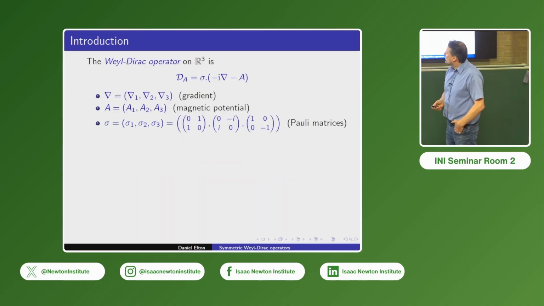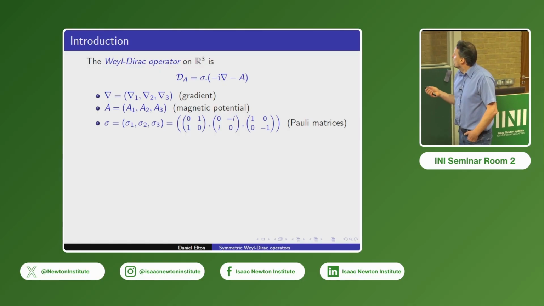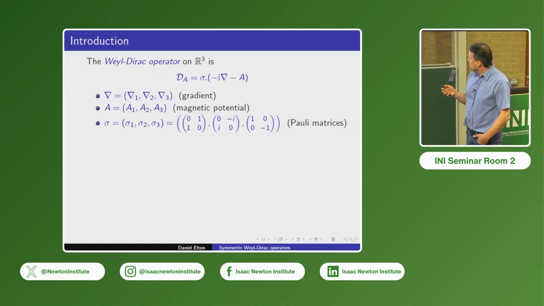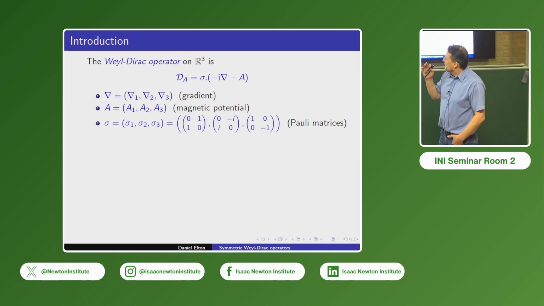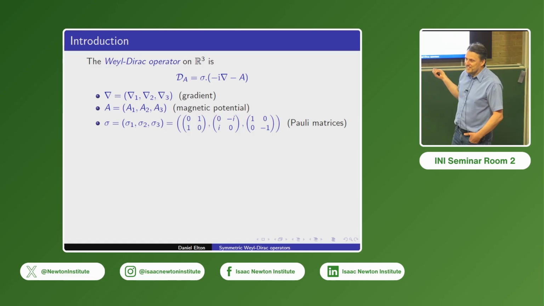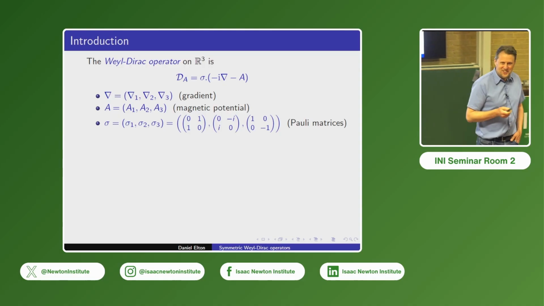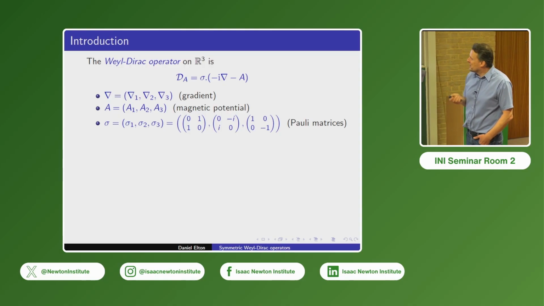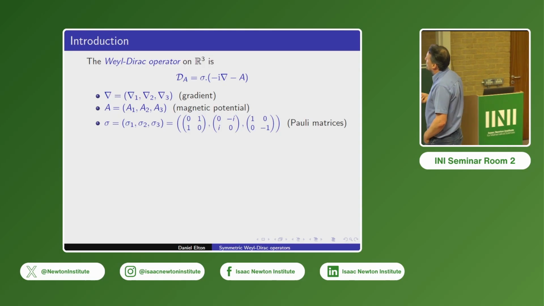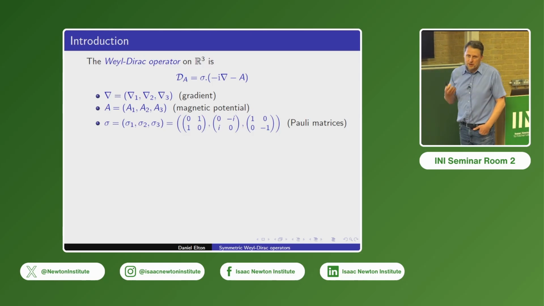Okay, so the Weyl-Dirac operator is a first order, 2x2 matrix operator. This is the version on R3. We have the magnetic gradient, the usual gradient operator with a magnetic potential attached.